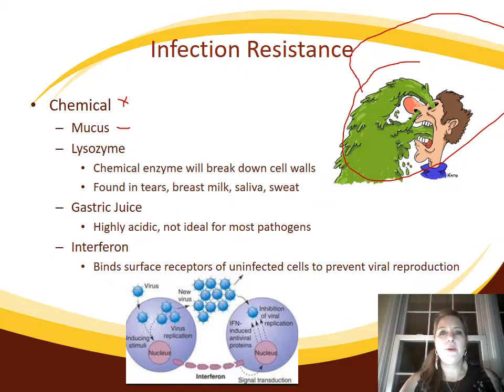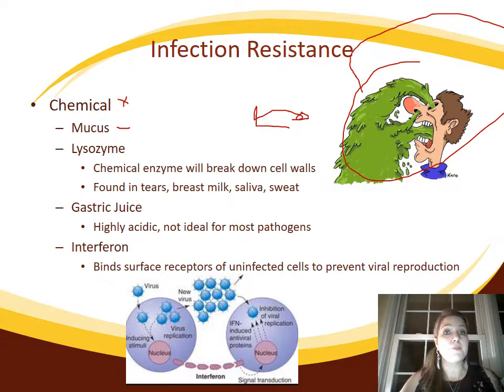All right, we produce mucus that will encompass a lot of the contamination and expel it out of certain areas of our body. We have these cool things called lysozymes, which are enzymes that break down cell walls. They're found in tears, breast milk, saliva, sweat. And what these do is they attack the contaminants, break down the cell walls, and kill them before they have a chance to infect us.